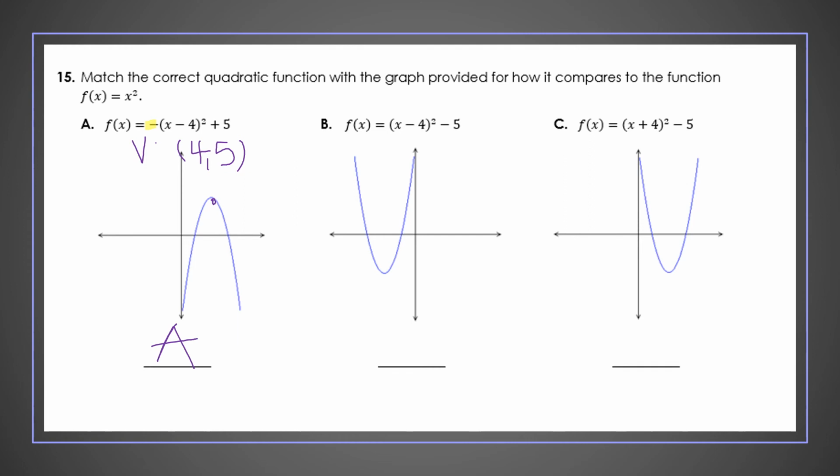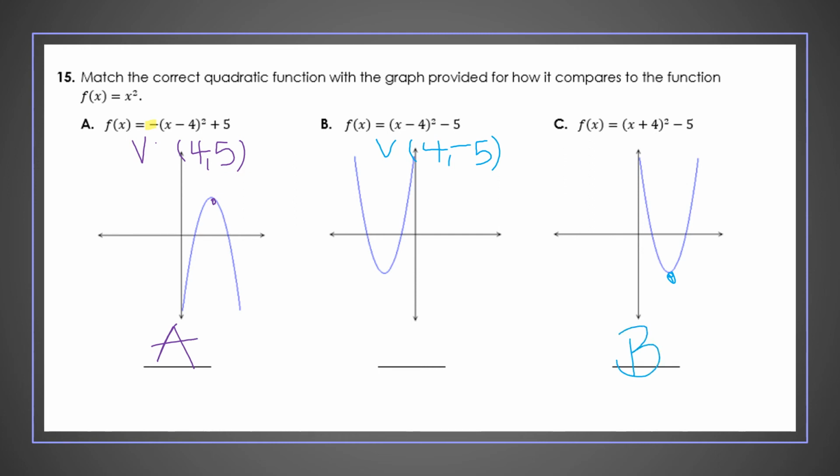Doesn't help us too much because that leaves us with both the second and third graph. But the vertex would be (4, -5), which means it would shift to the right 4 and down 5. And if you look at the third graph, it definitely went to the right and down. So the third graph should be function B.